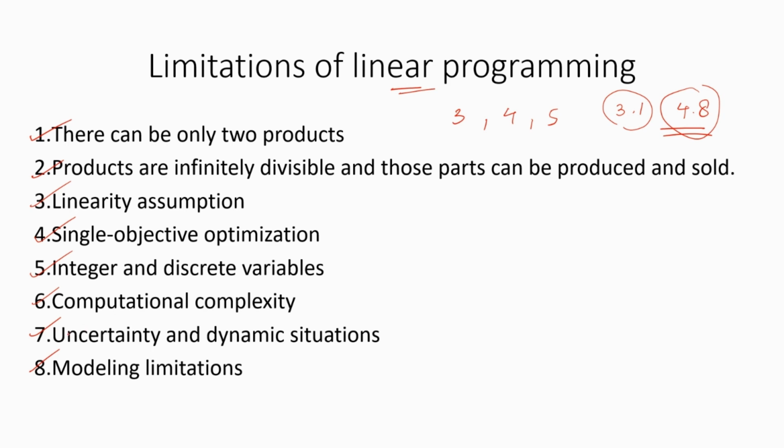Building an accurate linear programming model requires a clear understanding of the problem and its constraints. However, in some cases, it can be challenging to represent real world problems accurately and capture all relevant factors in a linear programming model. Oversimplification or incorrect assumptions in the model can lead to suboptimal or unrealistic solutions.